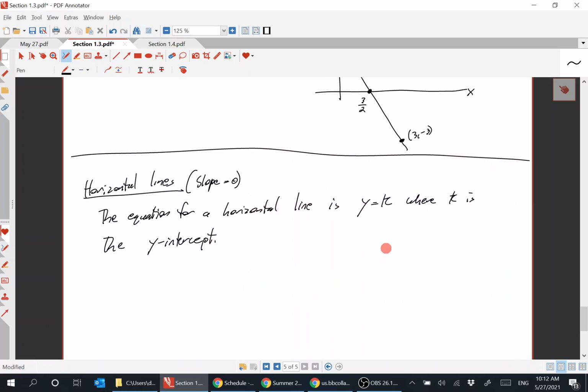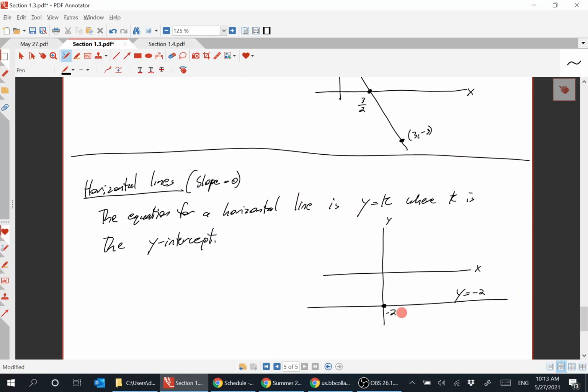So for example, here's the x-axis and the y-axis, and then say like here's negative 2 on the y-axis. This is the line y equals negative 2. So y is equal to negative 2, x is equal to anything.